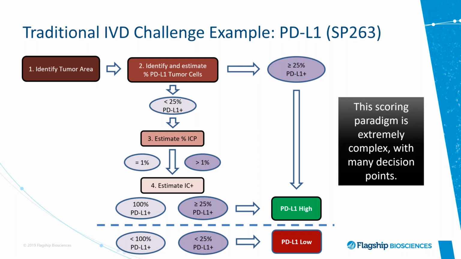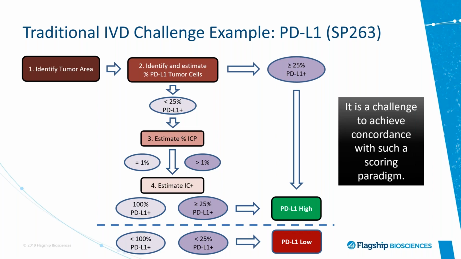If none of these criteria is satisfied, then the slide is declared PD-L1 low. So there are many decision points and a high degree of complexity. It's a challenge to achieve concordance with such a scoring paradigm, as anybody that has attempted to do this in large-scale screening can testify.